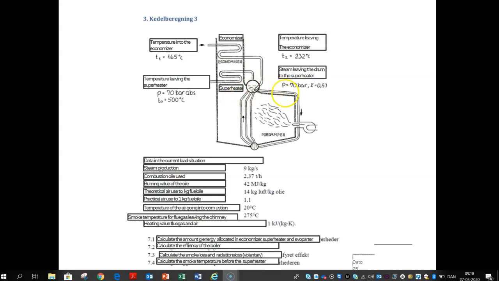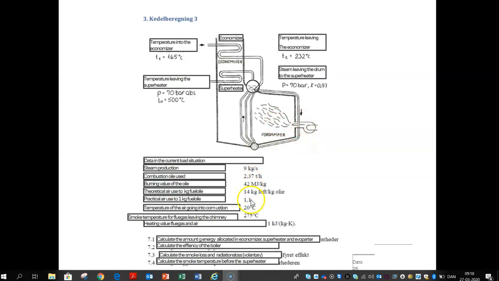But first of all, we have to find out what our volume, what our mass in our smoke is, which we will do with a mass balance. We have how much air is coming in plus how much fuel is coming in.